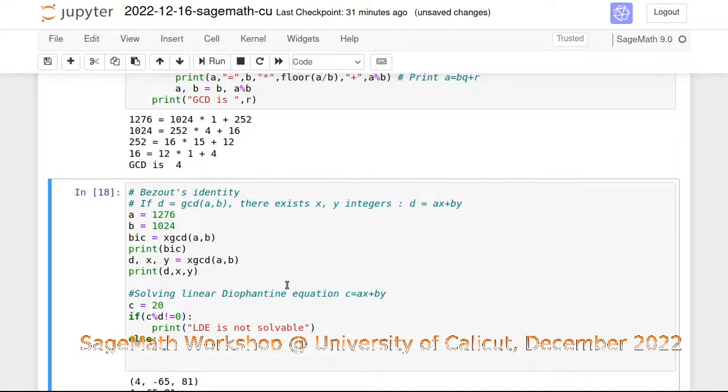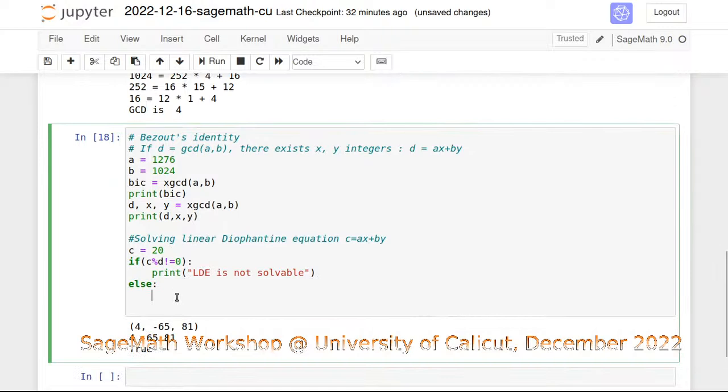what is one solution? So if we have 20 on the left side, now to get 20 from 4, we are supposed to multiply AX plus BY is equal to D. So what is the step that we have to follow?